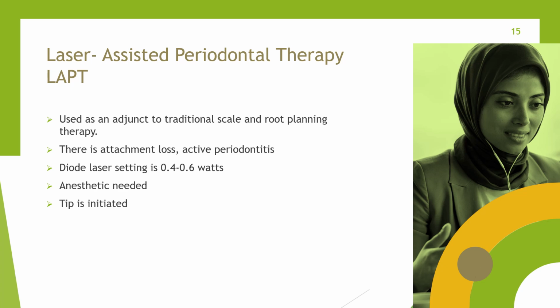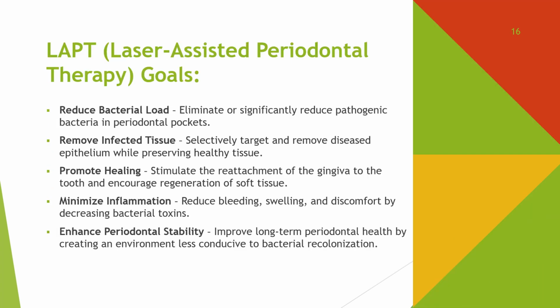You can use LBR there too, but the difference is that if you use LAPT in perio maintenance, you have to make sure that the patient is numb. The setting for this is a little bit lower, 0.4 to 0.6 watts, and anesthetic is needed and the tip is initiated. We'll go into a little more detail on how to initiate the tip.